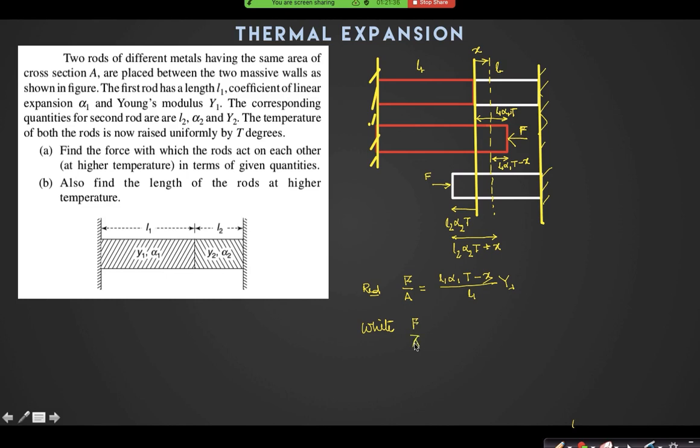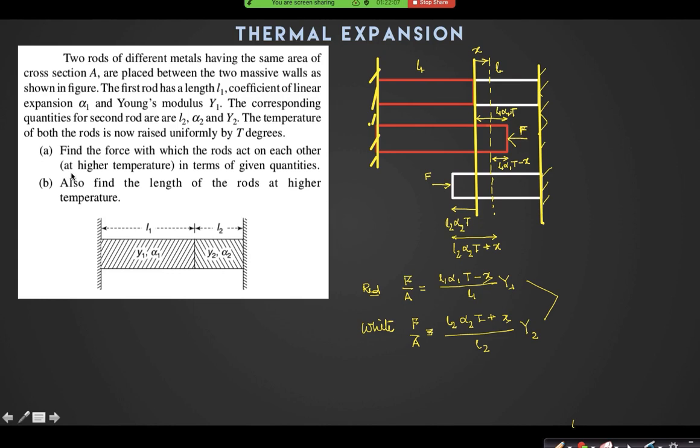That should be equal to L2 alpha 2 T plus X divided by L2 into Y2. Now, if you equate these two, you will find the value of X, and if you find the value of X, you can find the value of F. That is the first answer.